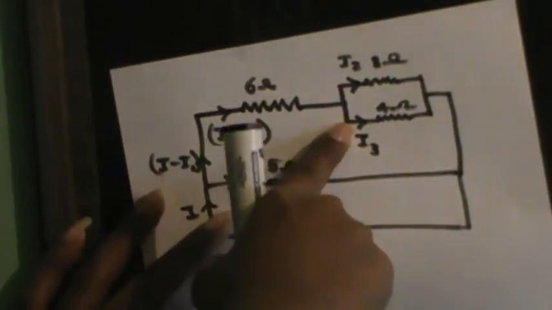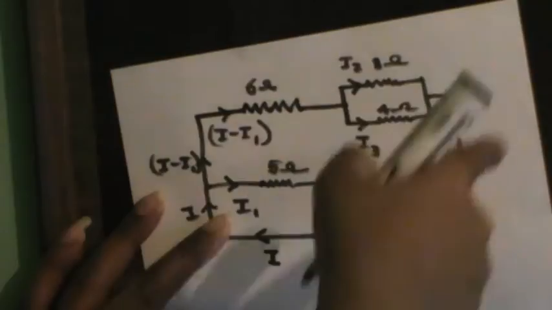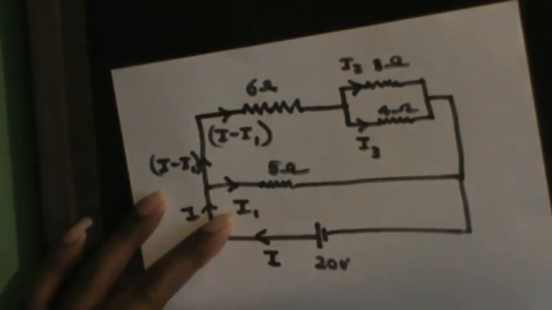I take the current here to be I2 and the current here to be I3. The total current that comes to this junction is I minus I1, so the current that leaves this junction should also be I minus I1, and the current that goes down here will be I minus I1.